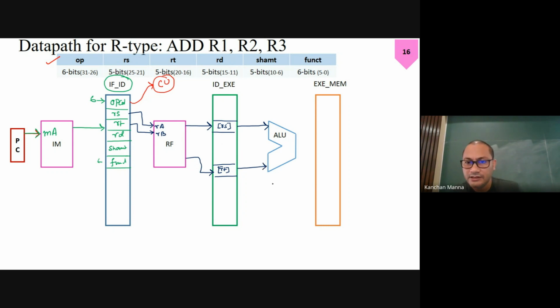In the ALU, we have to generate the ALU control, right? What could be the input here? ALU op. And ALU control also takes the func field, right?